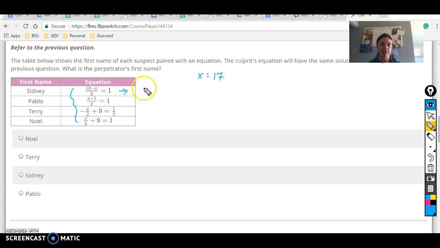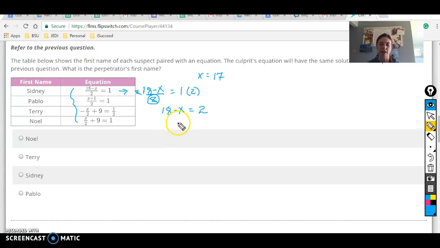If I solve 18 minus x over 2 equals 1, okay, first thing I'm going to do is multiply each side by 2, okay? And if I multiply this by 2 and I multiply this by 2, the 2's cancel out on the left, and I'm left with 18 minus x equals 2.